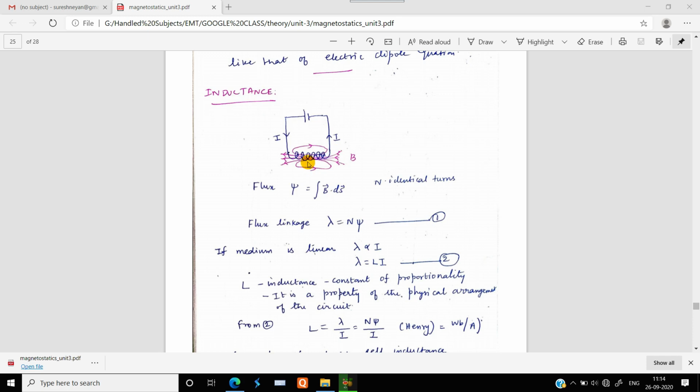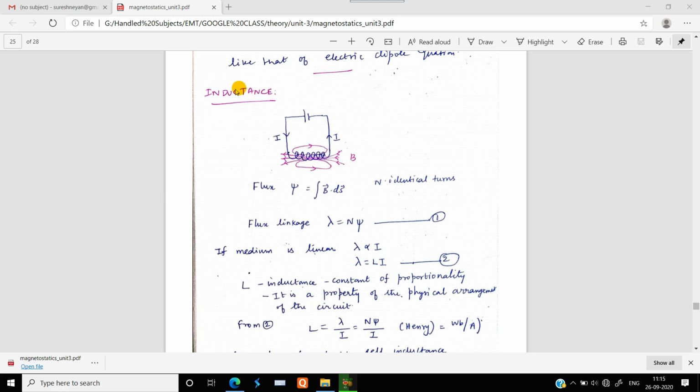If the core is a ferromagnetic core, then the magnetic field calculations or equations are going to be non-linear in nature. But we are going to represent only the linearity relationships of the magnetic field equations. So we have taken only the air core here, and for the air core only we are going to define the inductance.